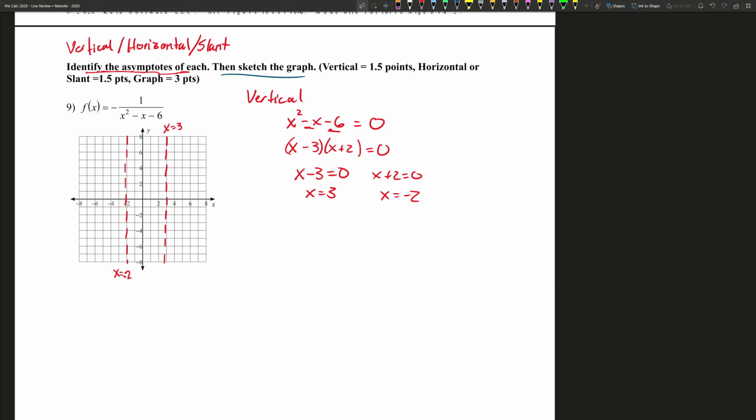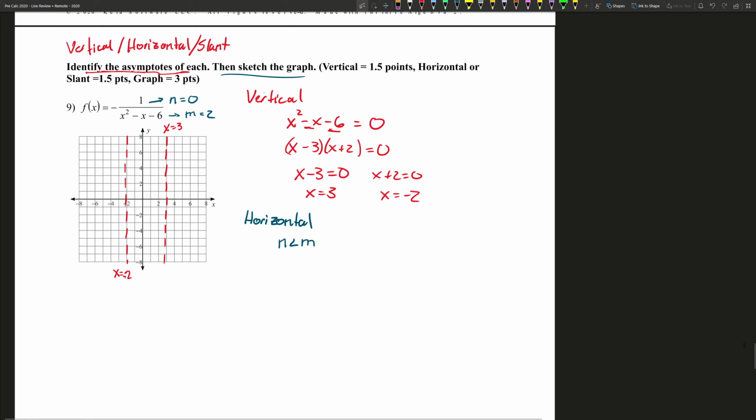All right, then we find the horizontal. All right, and the horizontal has to do with comparing the degree of the numerator with the degree of the denominator. Right, so the degree of the numerator is 0. The degree of the denominator is 2. Right, so in this case we have n is less than m.